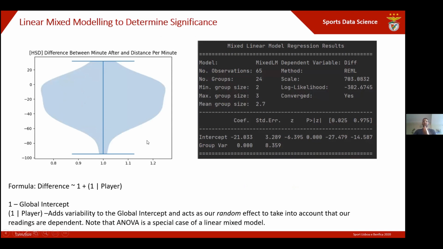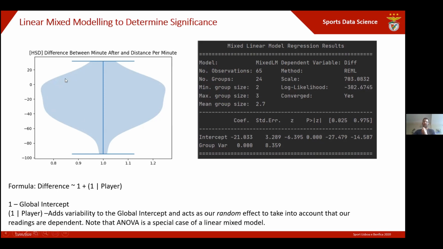We'll compare that with the match average distance per minute the player normally covers, and subtract: what they covered the minute after their sequence of peak intensity compared to their average distance per minute.